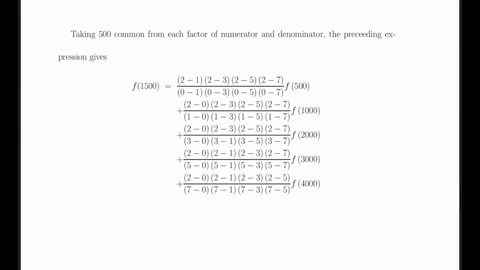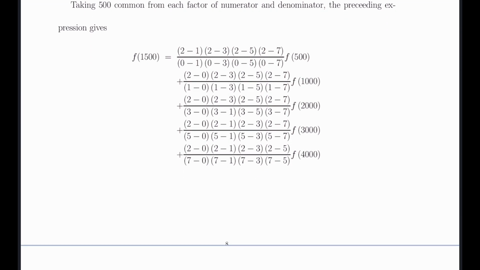We have here taken something common. We have taken 500 common in both numerator and denominator from each term so as to simplify the mathematical procedure. If you take 500 common from 1000, you are left with 2 because 500 into 2 is 1000.